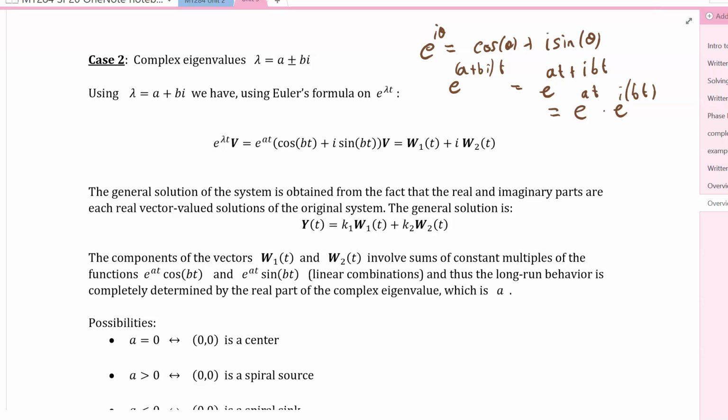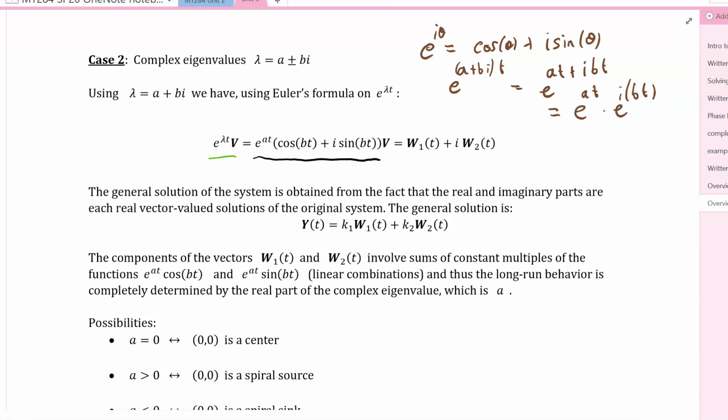So different than case one in that we get complex eigenvalues, similar in the sense that we're still going to look at this expression e to the lambda 1 t times our fixed eigenvector v. So we're assuming we have some eigenvector v corresponding to the eigenvalue, in this case the complex eigenvalue a plus bi, and then we apply Euler's formula to the e to the lambda t part. That gives us what I'm underlining here in black, e to the at times cosine bt plus i sine bt, times our fixed eigenvector.